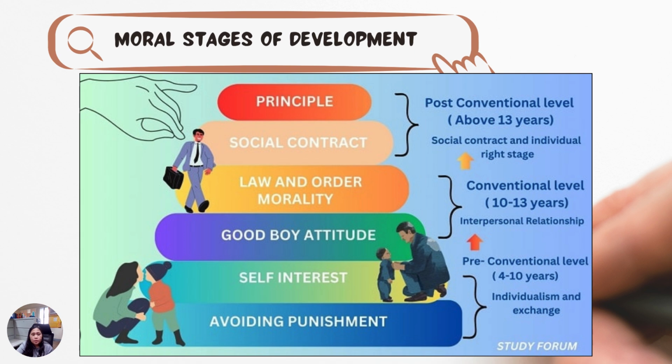So in the conventional level of morality, as we mature, we begin to internalize the essence of moral standards. At this level, we gradually appreciate the concept of right and wrong, but it is based on social approval.